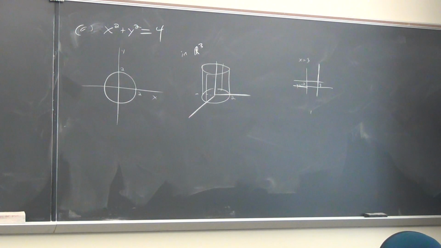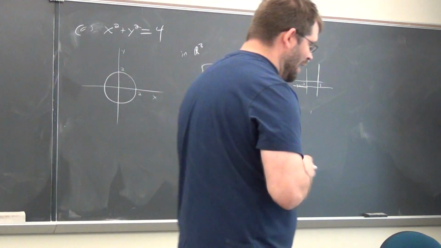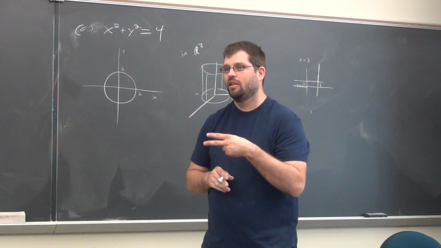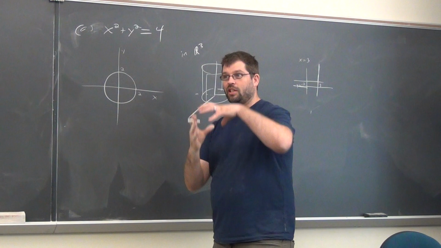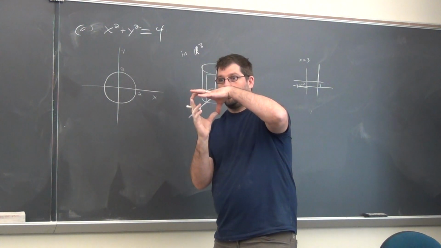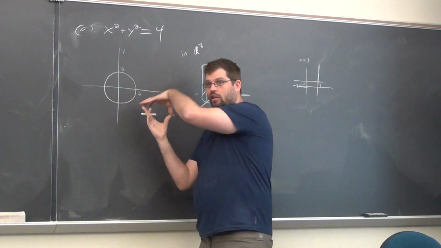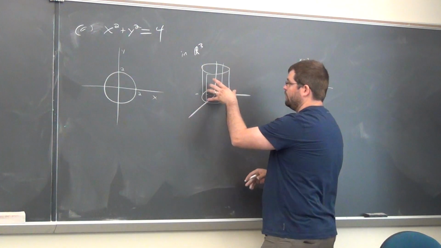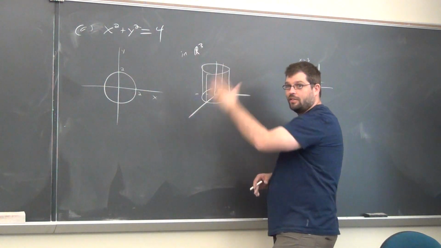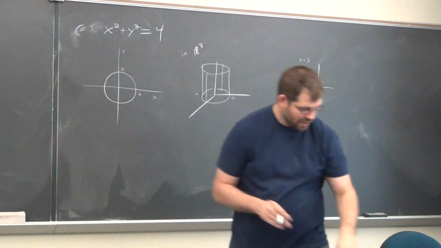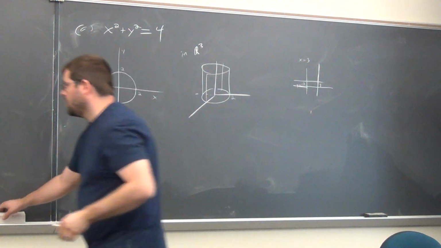Anytime you have an equation and you just have 2 of the variables showing up, in this case x and y or x and z, you'll get a cylinder. And that just means you got a curve in one plane and then it just gets pulled along. And this is enough. We see this, we know it goes up and it goes down, as far as you want. Just draw whatever is a convenient little bit. So let's try a couple more of these.